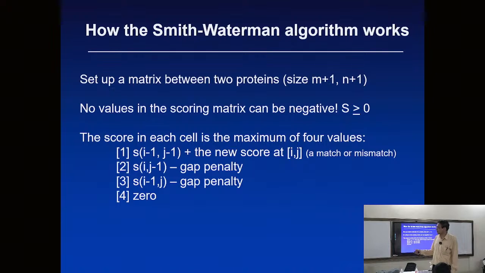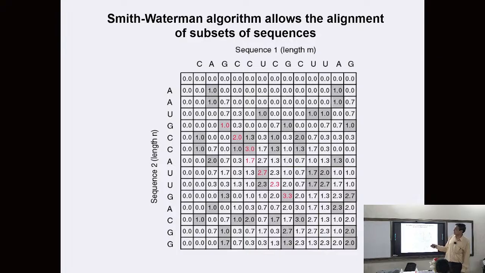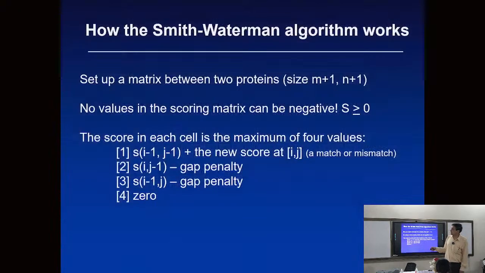If the best of the first two is negative, then the best of negative and 0 would be 0. Which would mean that if you encounter negative scores, make it 0. So you can see that all the boundary conditions now have 0 values. Using this equation, you can find domains.